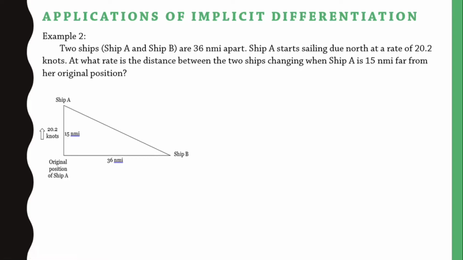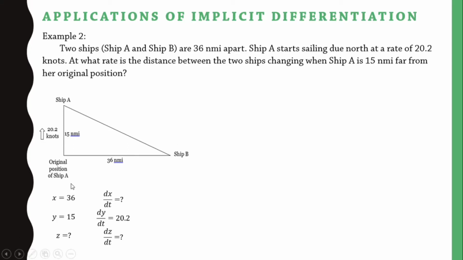Okay, so take note, we let x be the distance from the original position of ship A to ship B. y is the distance from the original position of ship A to the present position of ship A. And z is the distance from ship A to ship B.